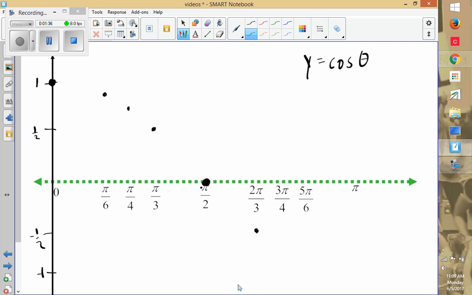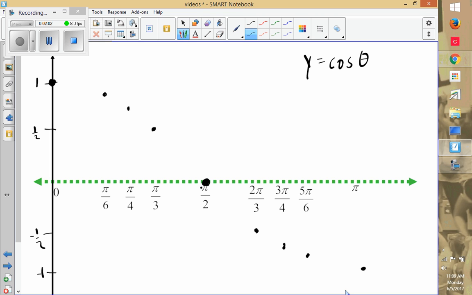The cosine of 3 pi over 4 is going to be negative 0.707. The cosine of 5 pi over 6 is going to be negative 0.866. And the cosine of pi is negative 1.